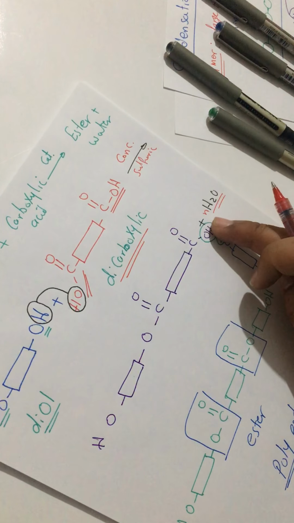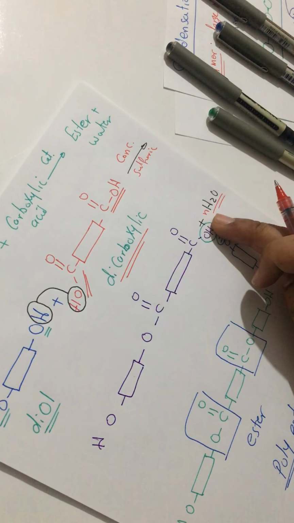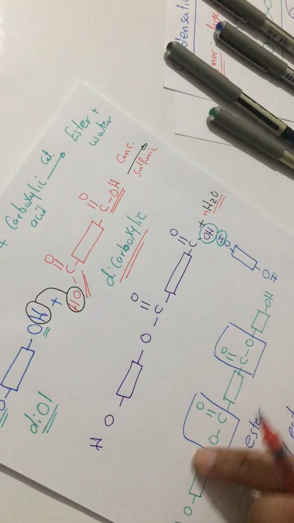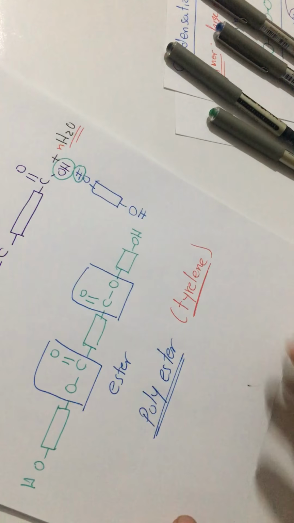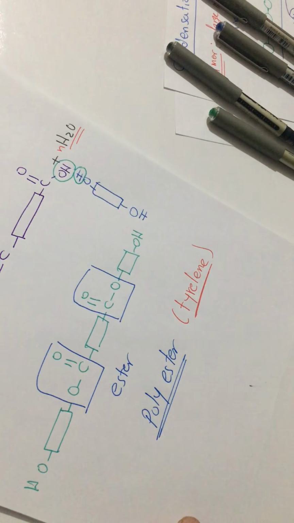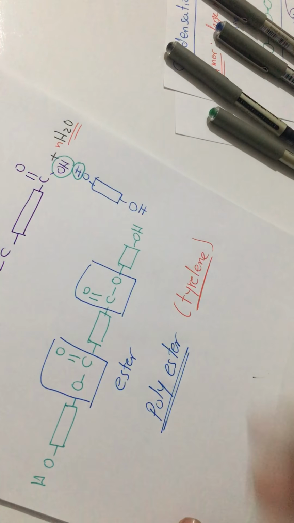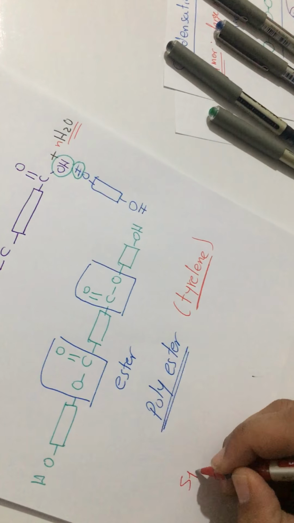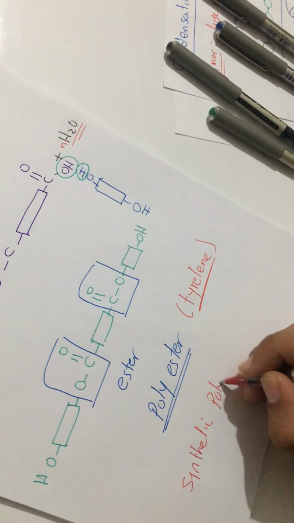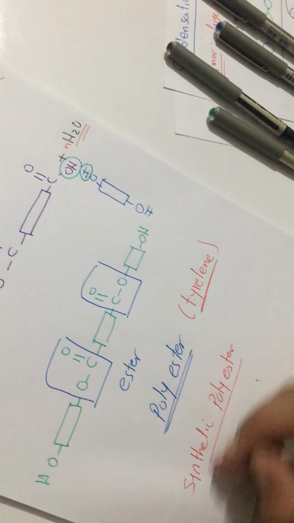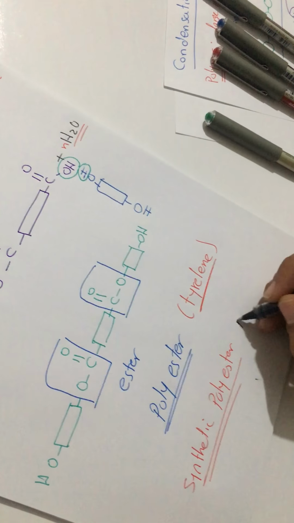We have here a lot of water molecules removed and a lot of units that are formed, which is called polyester or terylene. This is a synthetic polyester. This is man-made.